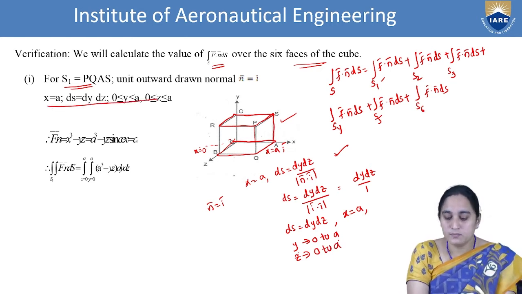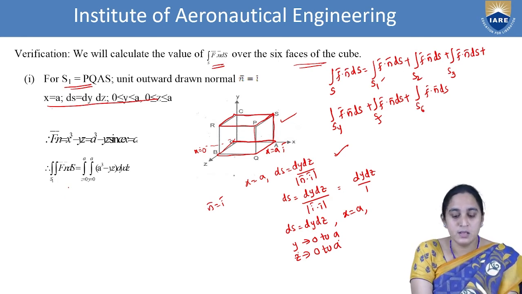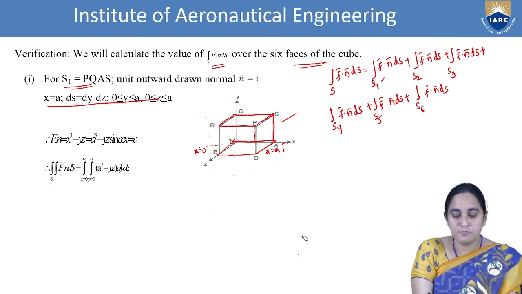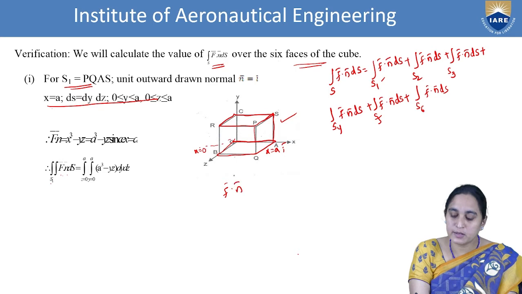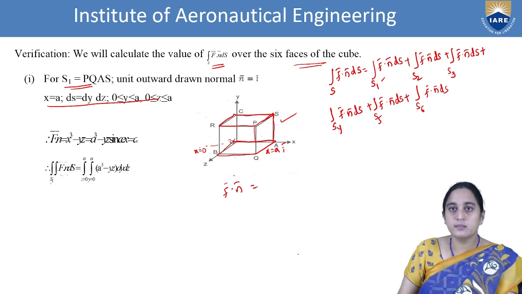Okay, now we have to calculate the surface integral on the first phase S1. Therefore, double integral over S1 of f bar dot n bar. What is f bar dot n bar here? f bar is the given vector and n bar is the unit normal vector. What is f bar in the given question?